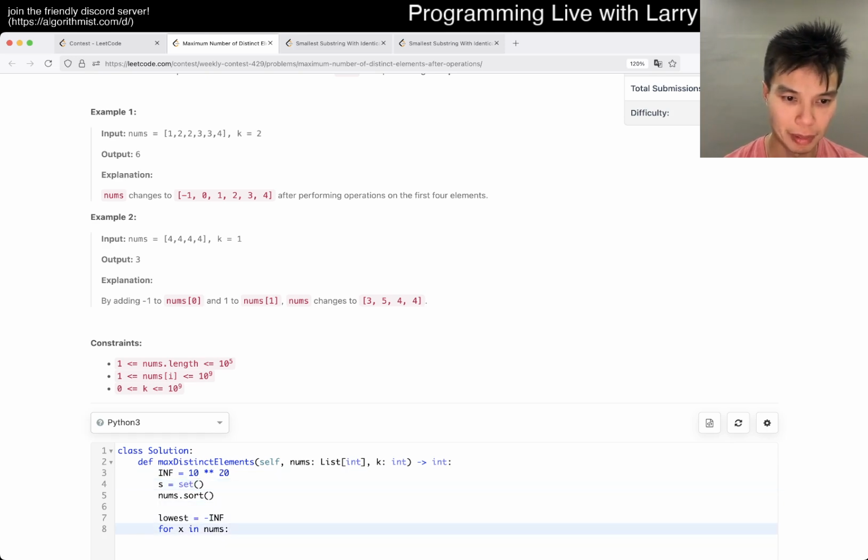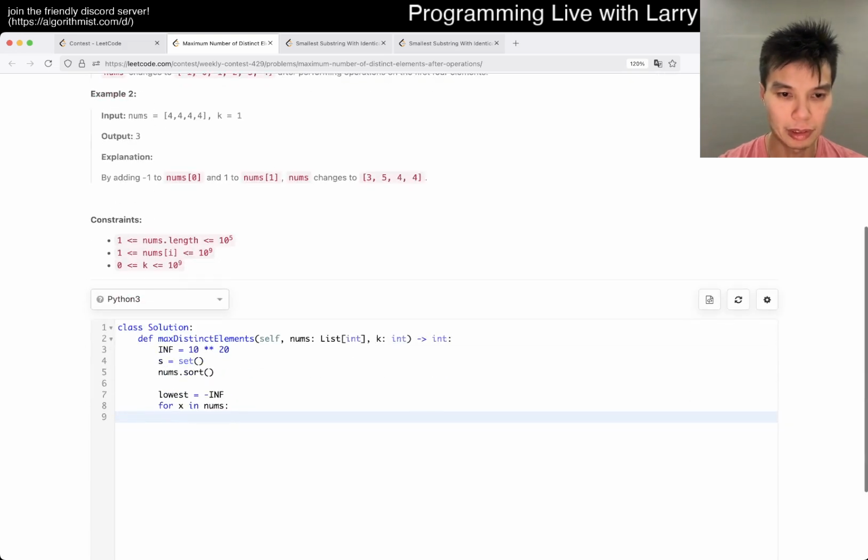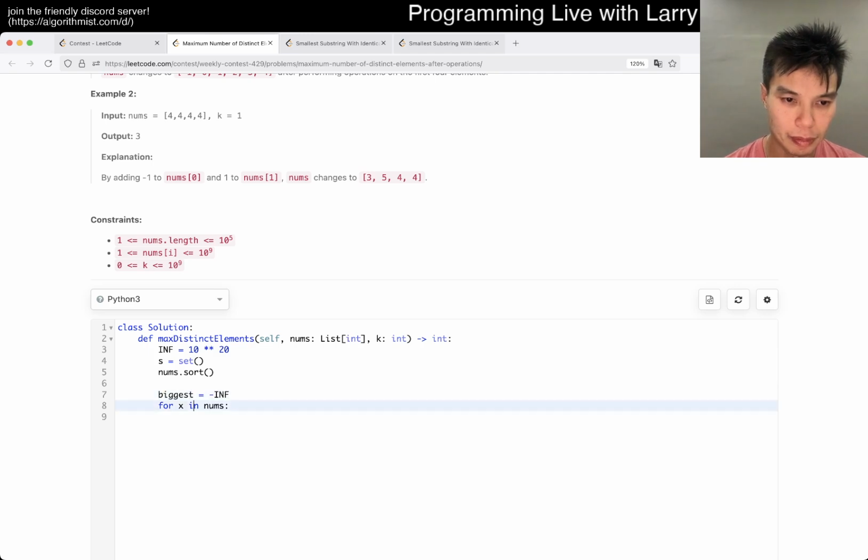Whatever, too lazy to manage it. Okay, so then now x minus k.